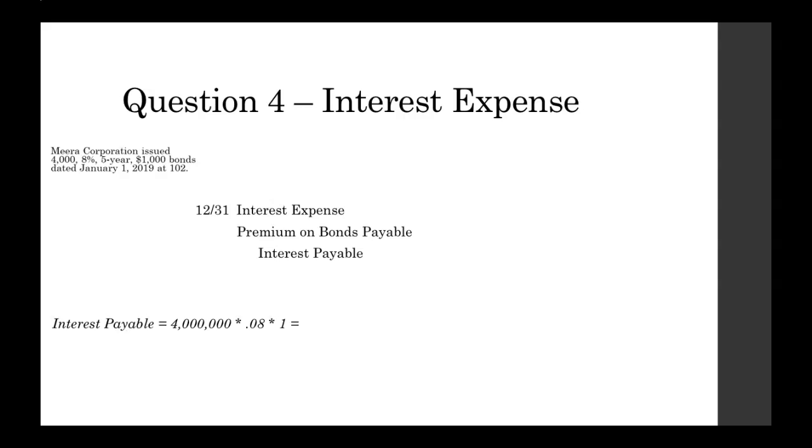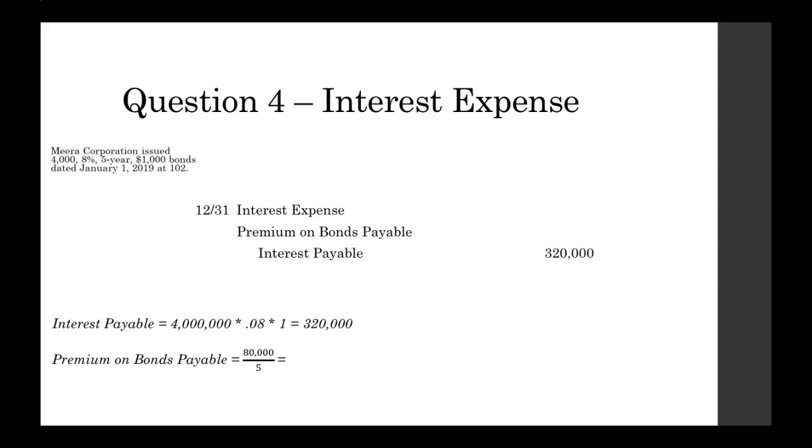Your principal is that 4 million, your bonds payable amount, times 8% or 0.08, times 1, because it's been 1 full year since we issued. You do that and you'll find out that interest payable is $320,000. So we'll credit interest payable for $320,000.